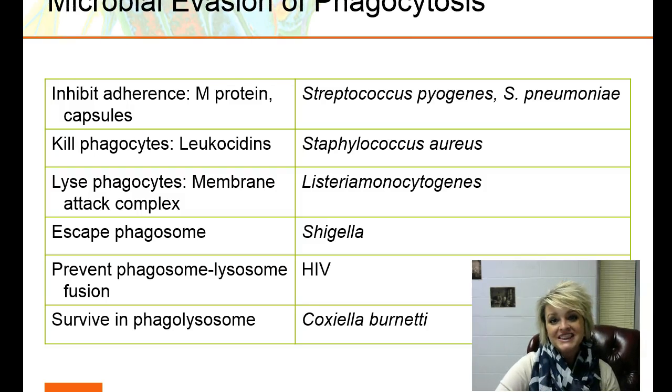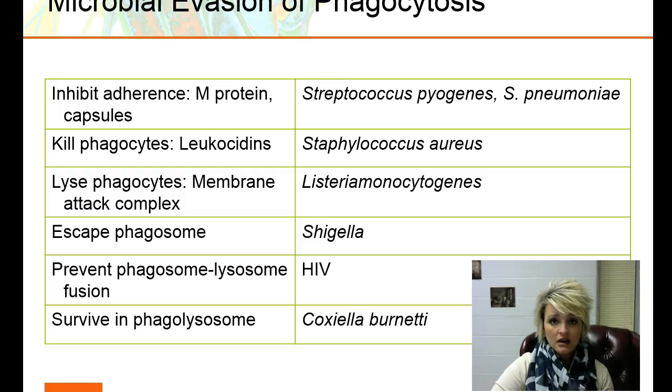The problem with this is that there are several microbes that can either live in a phagosome, kill the phagocyte, or escape before the lysosome has time to work.